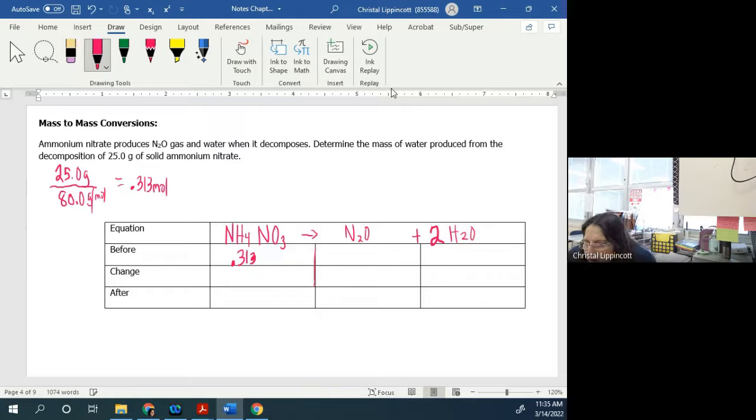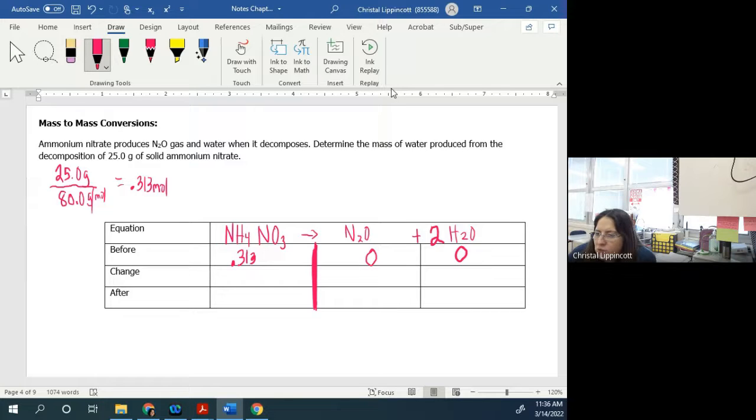This is my dividing line between my products and my reactants. So that means over here in the beginning, I haven't started out with any of these things. Then I am going to figure out what my cloud value is. So I'm going to take this and go up into the cloud.